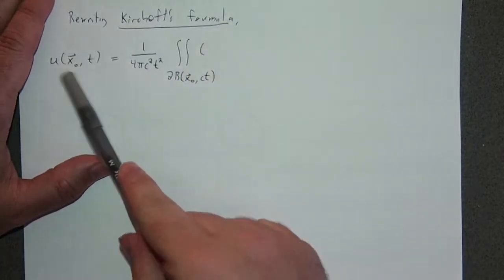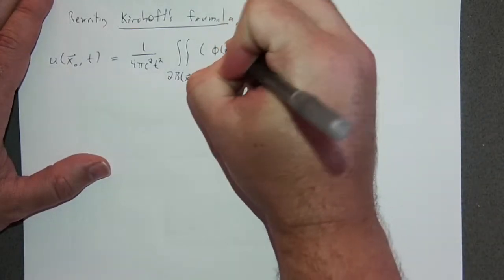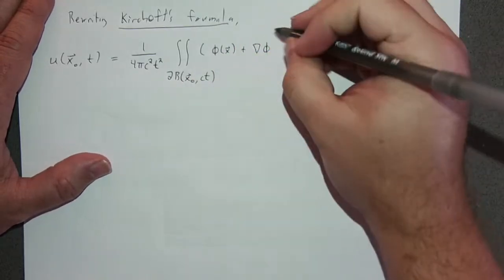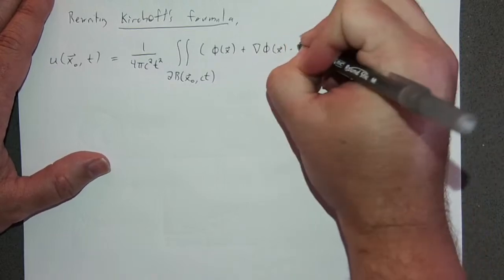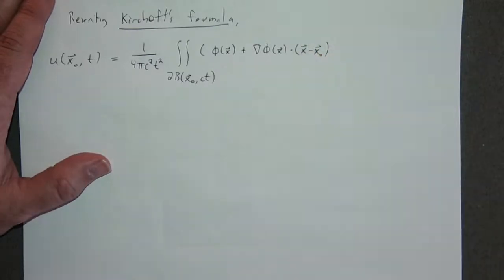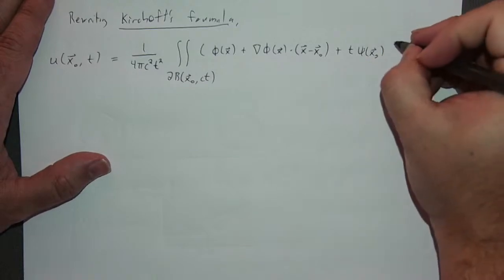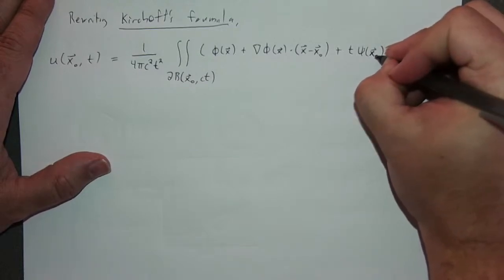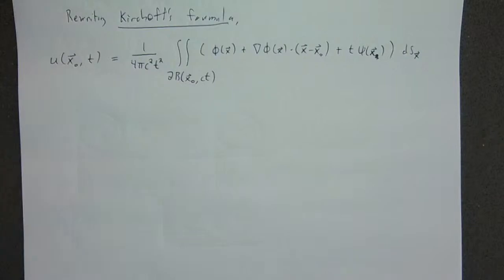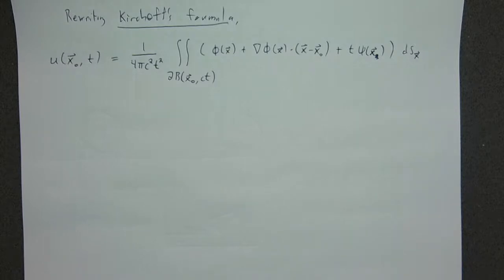Now that I've used x naught here, that frees me up to use x as a dummy variable. This is phi of x plus gradient of phi of x dotted with x minus x naught, plus t times psi of x, dS sub x, again to indicate that this is a surface integral. So here's Kirchoff's formula.